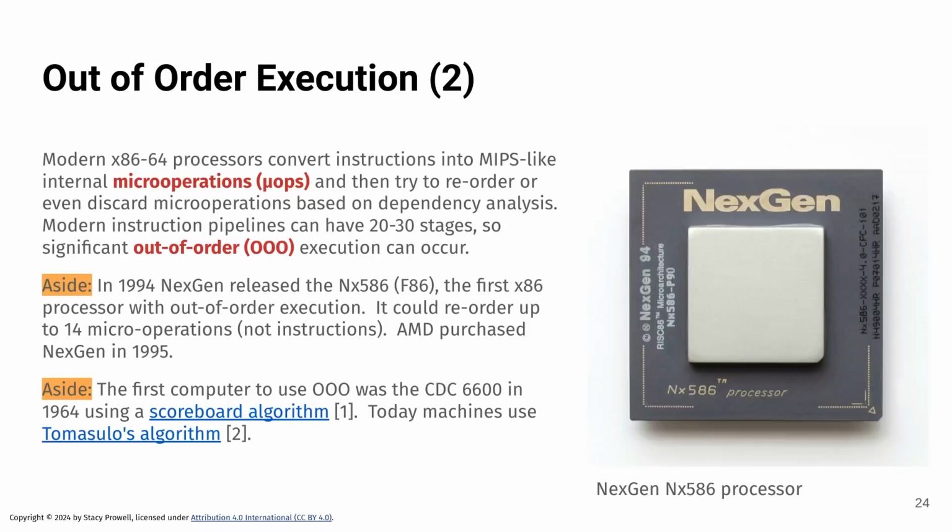So, modern processors convert instructions into MIPS-like micro-operations. MIPS is basically a RISC processor. So what's happening is these complex instructions, right? The x86 is a CISC, a complex instruction set architecture computer.